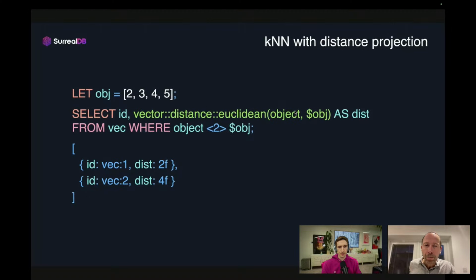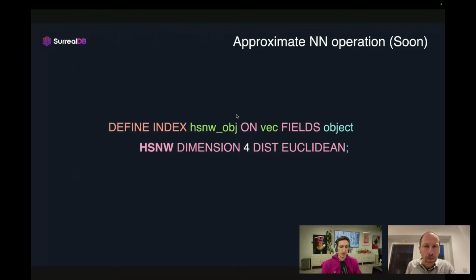You also have the ability to project any information. So you can use the vector distance functions inside the select part of the statement, and you can just print the distance. So in this case, we are printing the Euclidean distance. It's pretty easy.